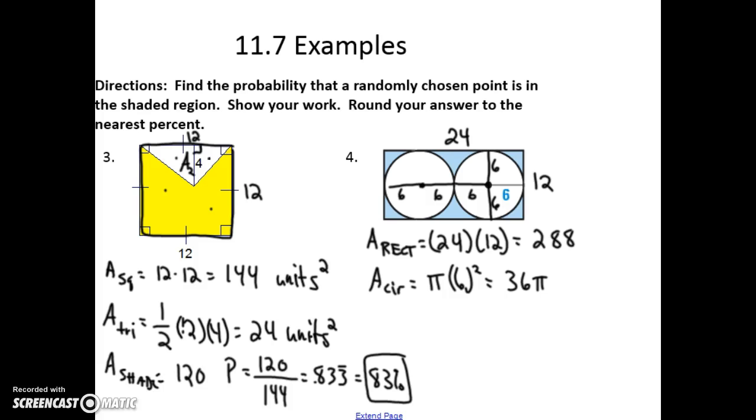And then there are two of those. So to find the area of the shaded region, I need to take the area of the rectangle and subtract both circles from it. So 288 minus 36 pi minus 36 pi.